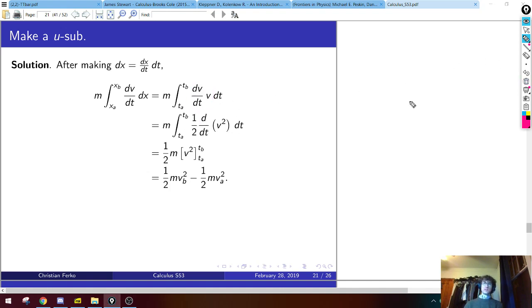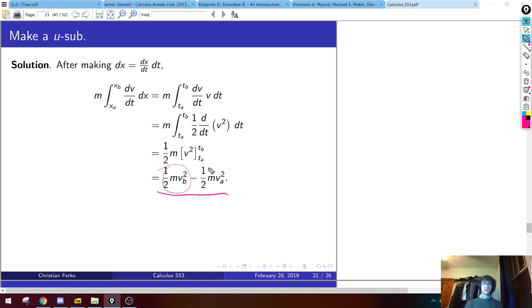And then by the fundamental theorem of calculus, it's always true that the integral of d/dt of f with respect to t is simply f, right? The integral kills this derivative. That's just what the fundamental theorem tells us. So since we have a definite integral, it's really just v squared evaluated at the endpoints once you pull out the 1/2. And that's the same as 1/2 m vb squared minus 1/2 m va squared.